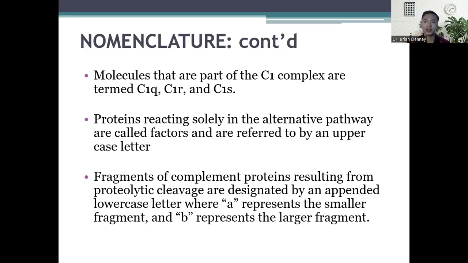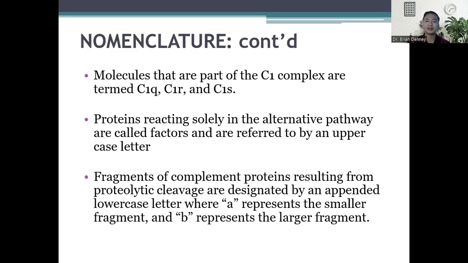Another exception: C6, C7, C8, C9 do not undergo proteolytic cleavage, meaning they participate in the cascade as is, without being broken into fragments like your C4, 2, 3, 5.